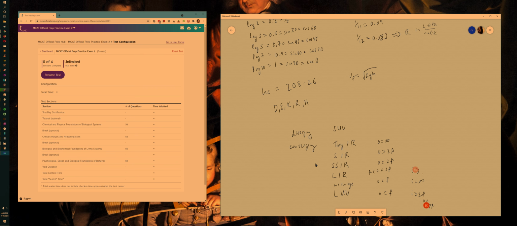Sorry, this is greater than 2f. This is at 2f, like the cosine 45 thing where both object distance and image distance are at 2f. Here, image distance will be between the focal length and twice the focal length. And then here, image distance would be at the focal length.